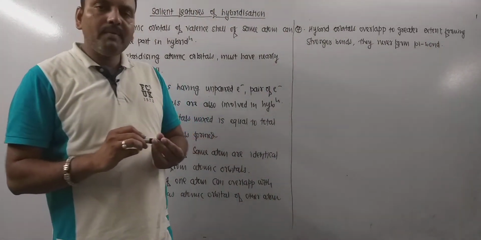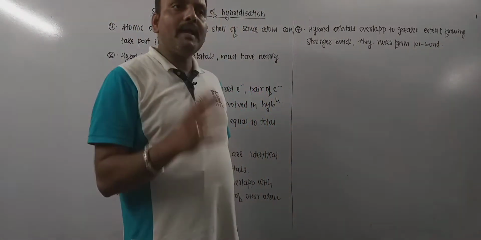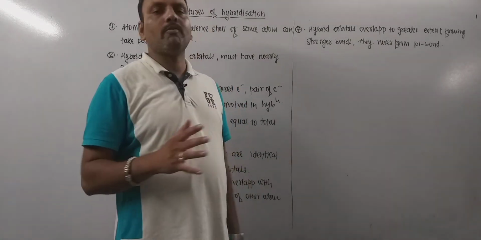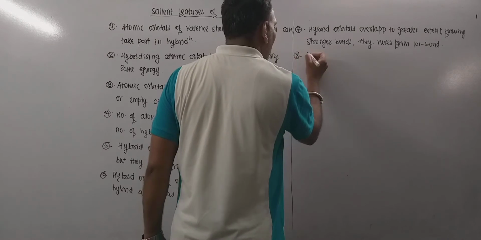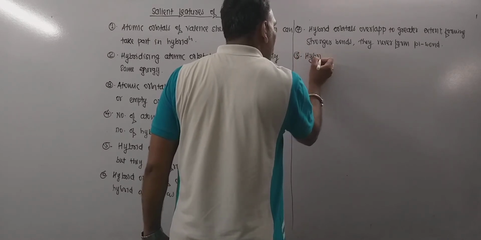Now another very important thing, a hybrid orbital having a pair of electrons remains as a lone pair on the central atom. That is a very important thing.